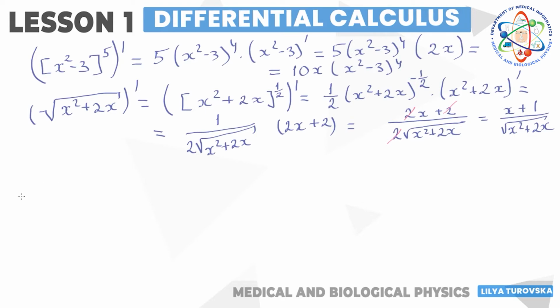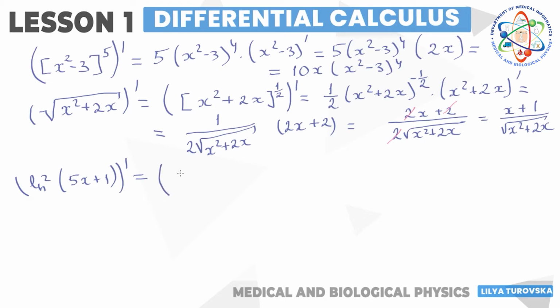Let's try one more example, but in this case we consider a much more complicated function. Actually, a function of two functions. So we have not two but three: a composite function of three functions. We have the logarithm of 5x plus 1, and the logarithm is squared.